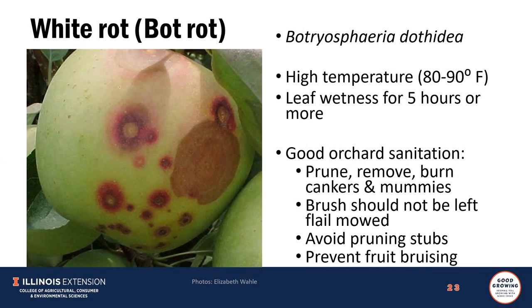The pathogen may be there, but until you've had that stress event, it hasn't made its way into the trunk of the tree. So you want to avoid mowing too close to your tree, as any kind of wound to a tree can be an entryway into the tree for disease.